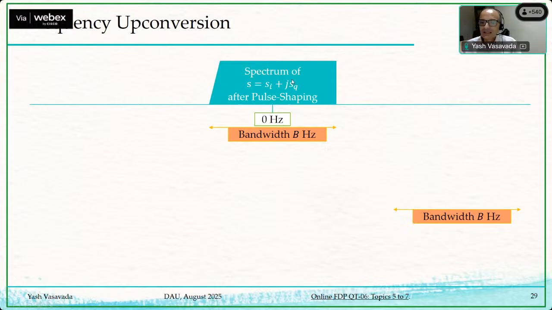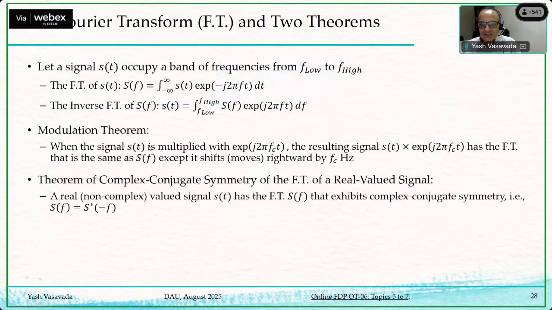So the idea is that you make use of this modulation theorem of Fourier transform. You take s(t) and multiply with exponent of j 2 pi fc t. What is fc? It is what is known as carrier frequency. It could be, as I said, 2.5 gigahertz, 5 gigahertz, 6 gigahertz in 5G and possibly more so in 6G.